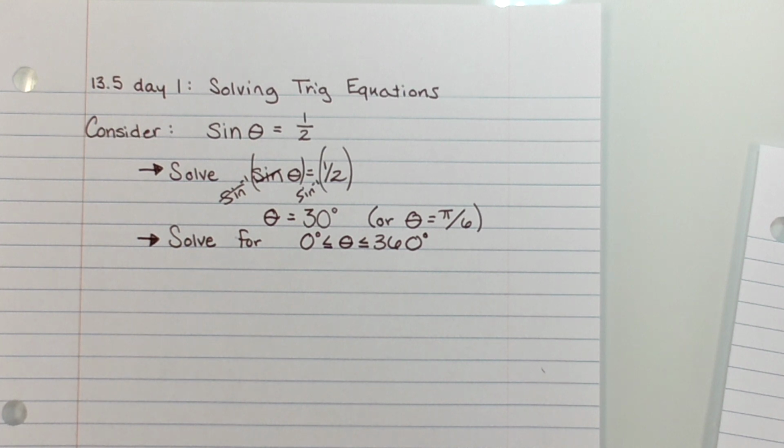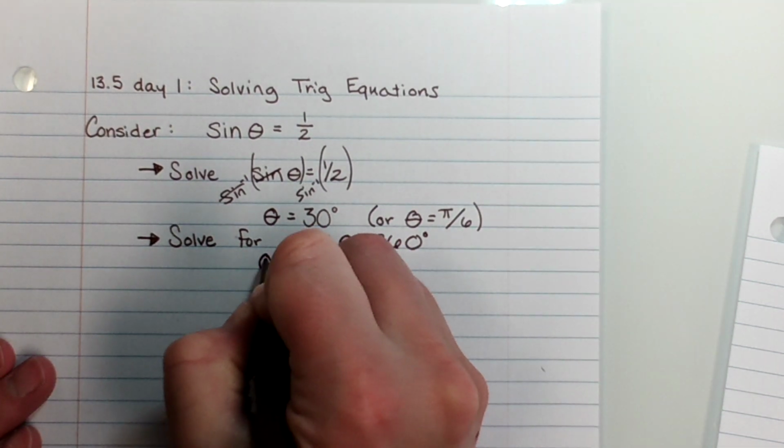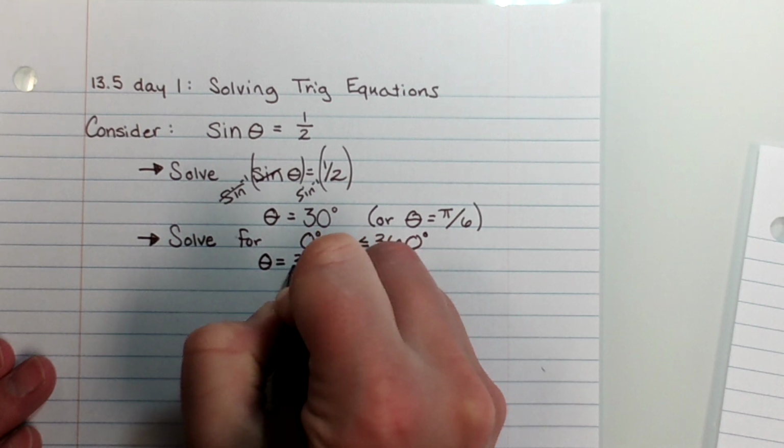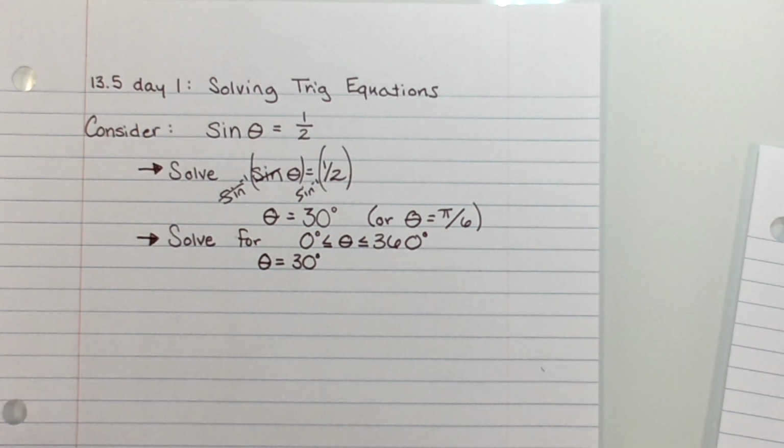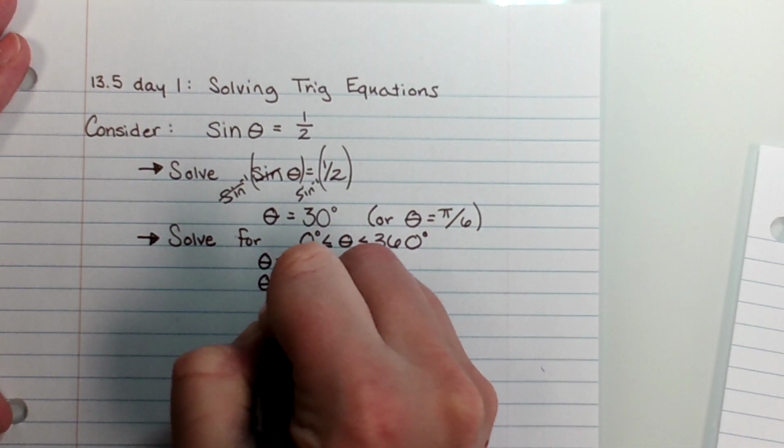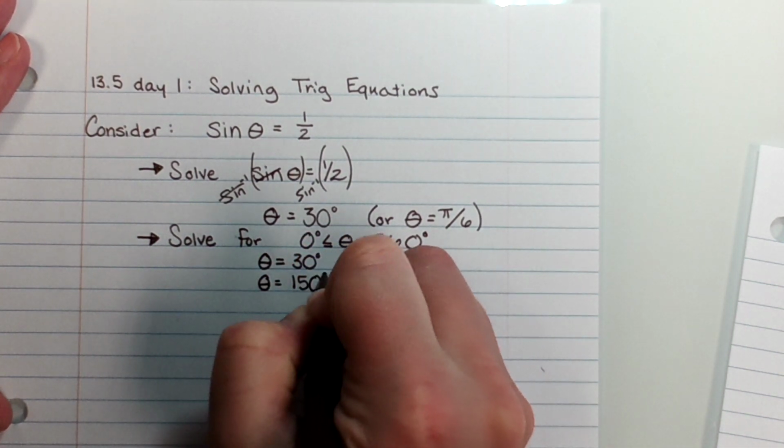This was what was on our skill builder the other day. 30 degrees is between 0 and 360, but that's not our only answer. What's our other answer? 150 degrees. How'd you get that? Unit circle. The unit circle. Hey, you might want that thing today.